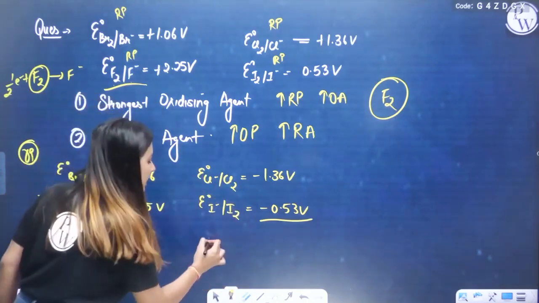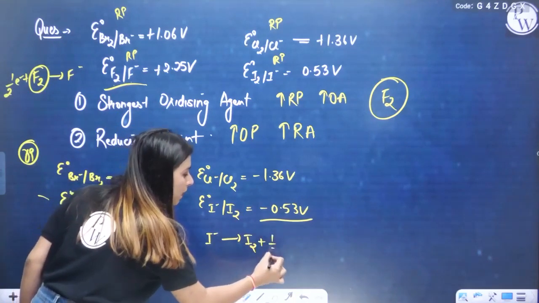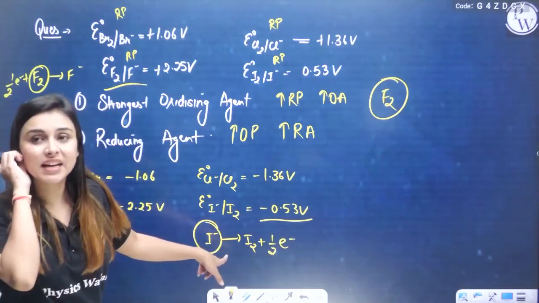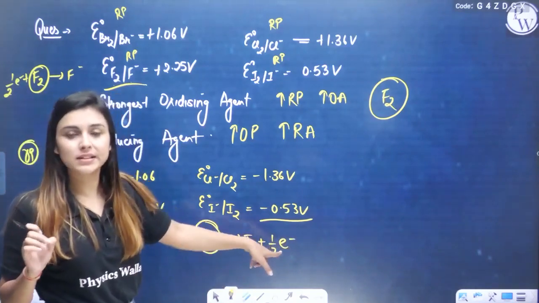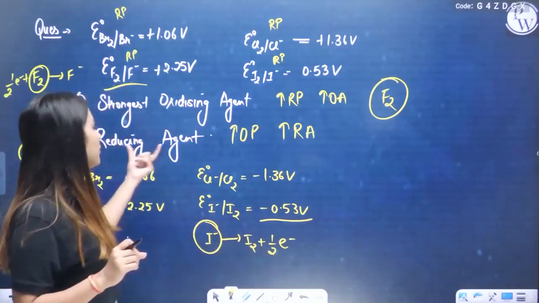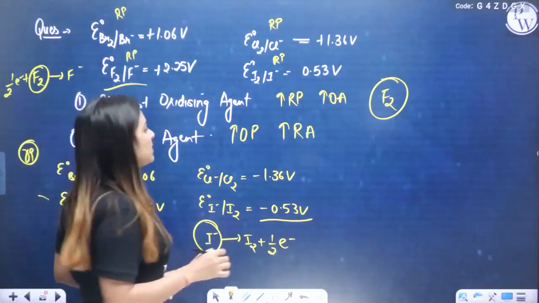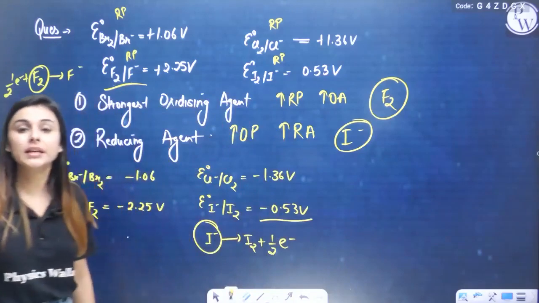The reaction would be something like this. So this I negative is actually your reducing agent because it is undergoing oxidation, right? Yes. So which of I negative or I2 is your reducing agent? I negative is your reducing agent. So you will say that I negative is my reducing agent here.